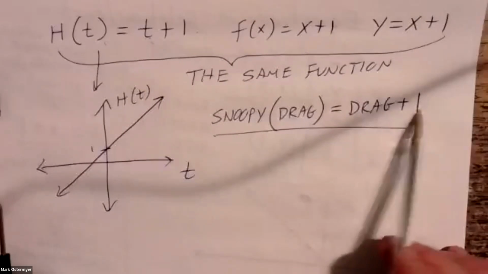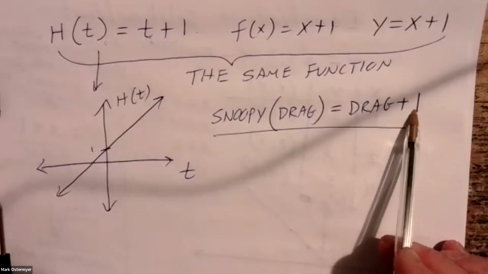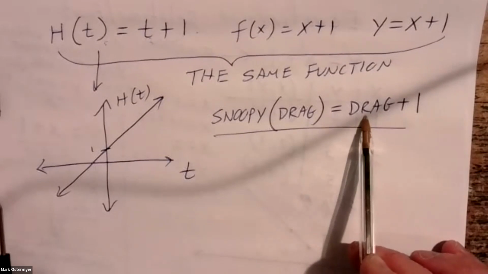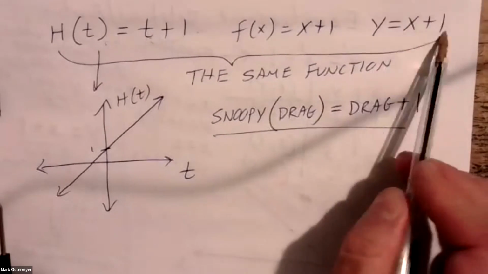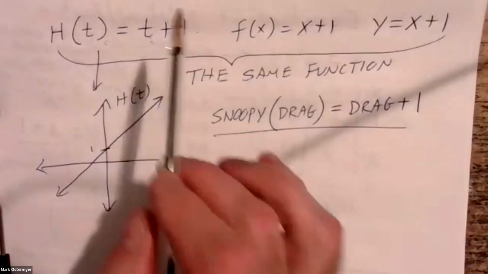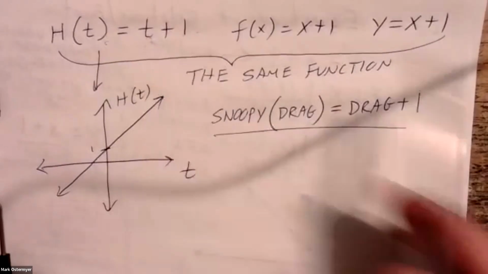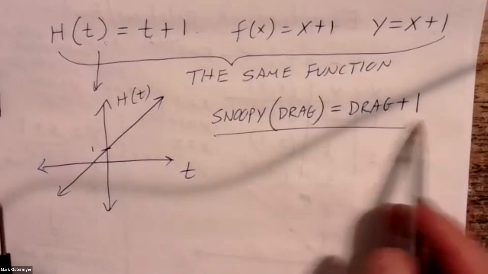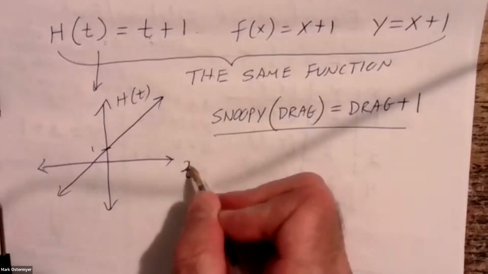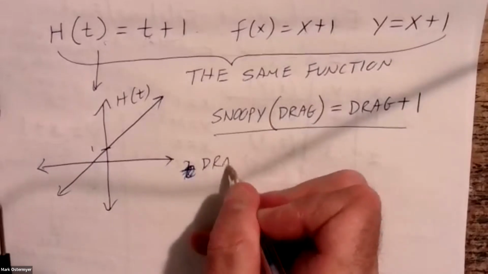Yes. Same function. Because the definition is still the same. It says we add 1 to the input. Oh, the input's called drag. Who cares? We add 1 to the input to get the output. These are all identical functions. They all have the same graph. The only difference is if we were to graph this one, we would have to call the horizontal axis the drag axis.